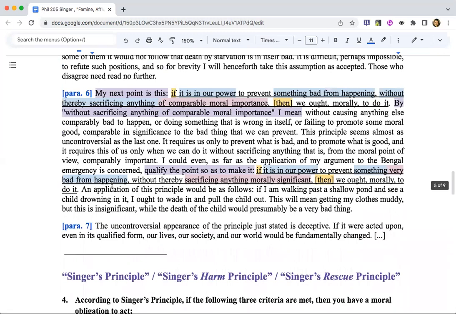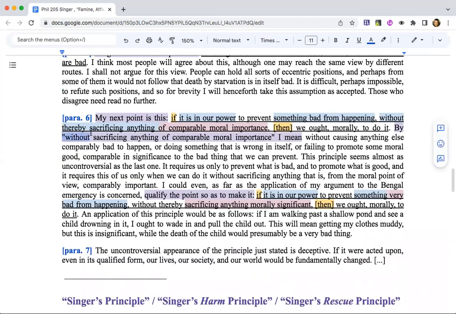So this is right where he's introduced the principle for the first time. And he says, what I mean by this is, what is an example where the only way you could help would actually cause more harm than the good you can do or the bad that you can prevent? What's an example of that? That's not required, he says. That would be to sacrifice something of comparable moral significance.